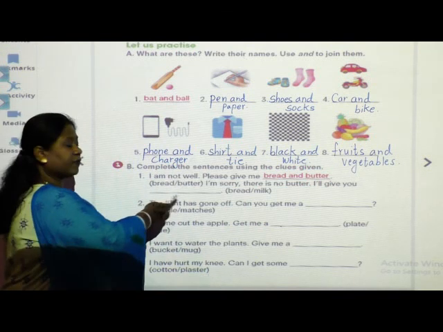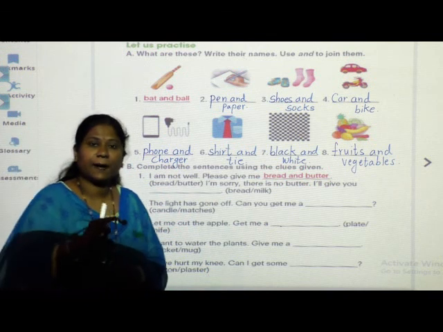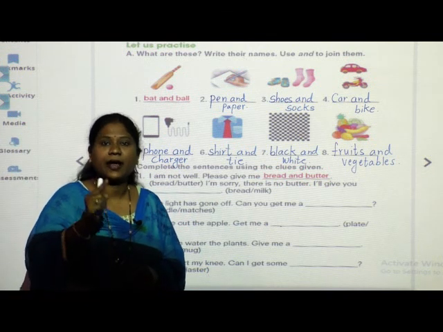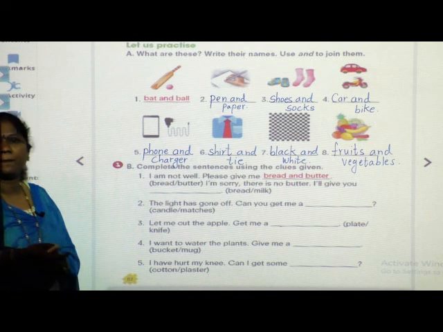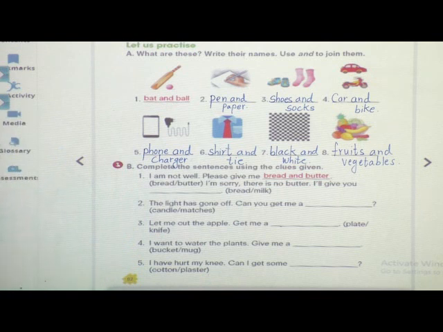So here you have to write and. Bread and butter. The first one is done for you. The second one, the light has gone off. You can get me candle and match.